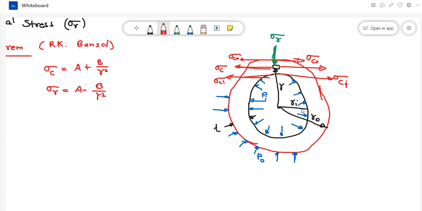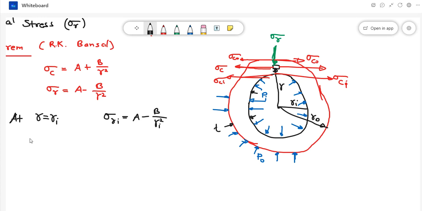At R equal to Ri, sigma Ri, means sigma R, radial stress at the inner surface, is A minus B by Ri square.